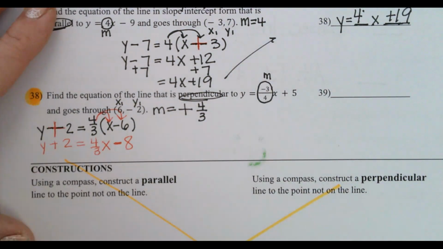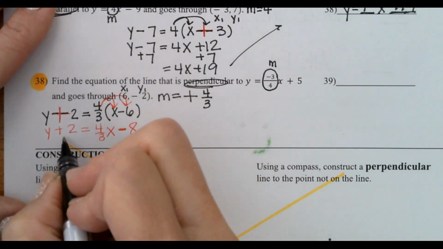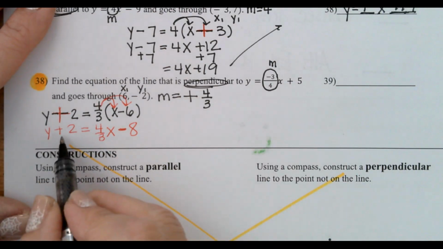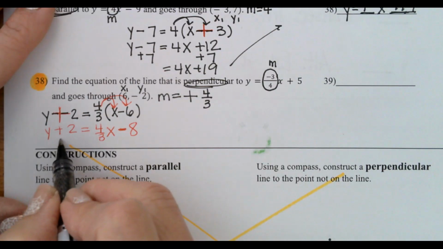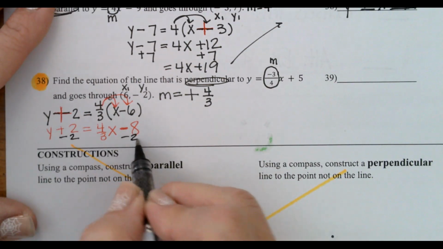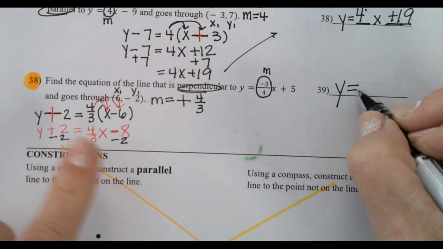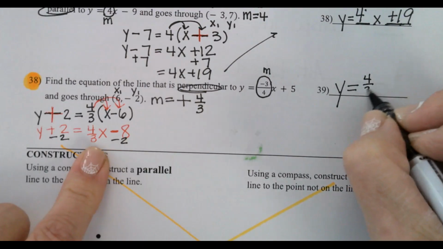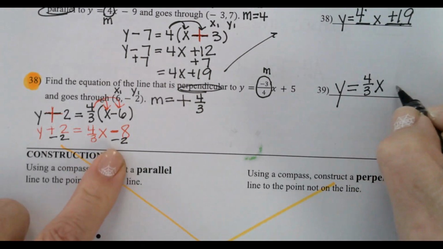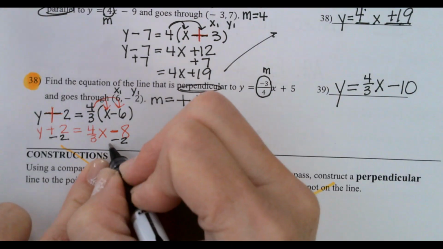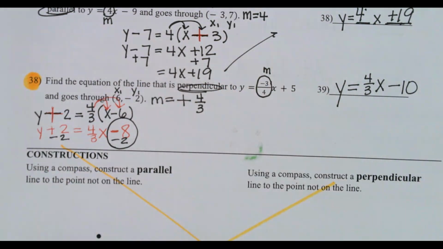Okay, then what are we going to do with the 2? Subtract it. Okay, so my final answer is y equals 4/3 x, and then I'm going to have minus 10, because -8 and a -2 make -10 when you add them together.